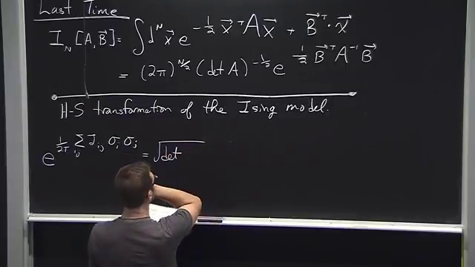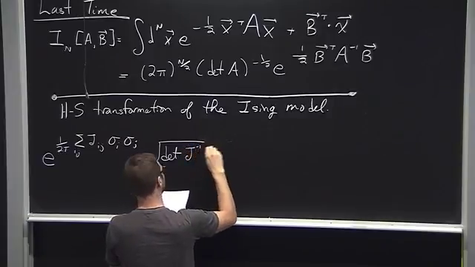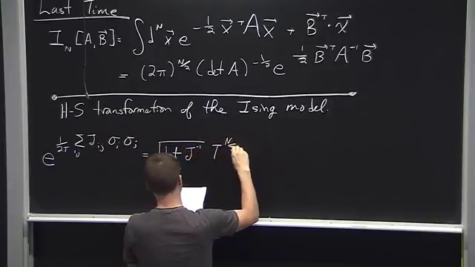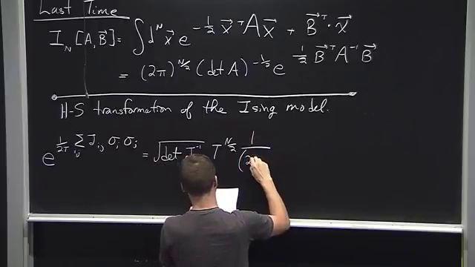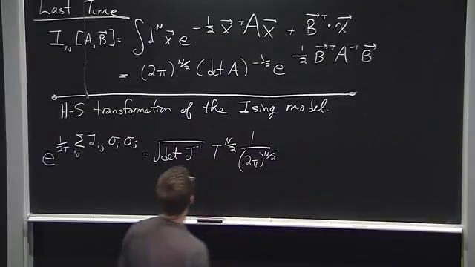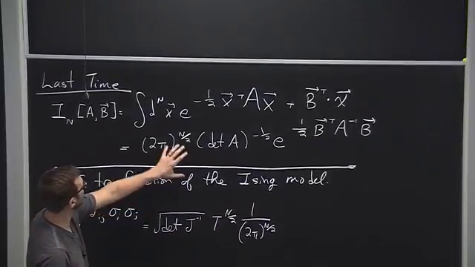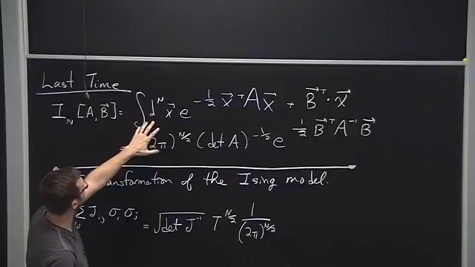Okay, so now my determinant, instead of A, of the inverse of J. Okay, so I've moved this over to the left-hand side.